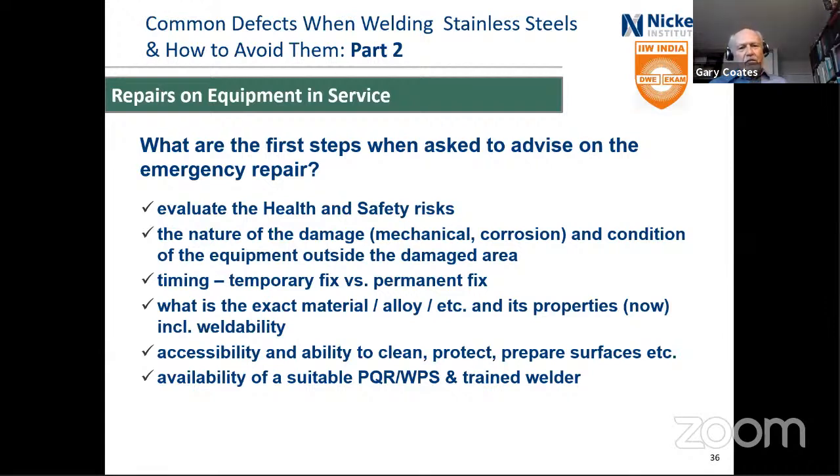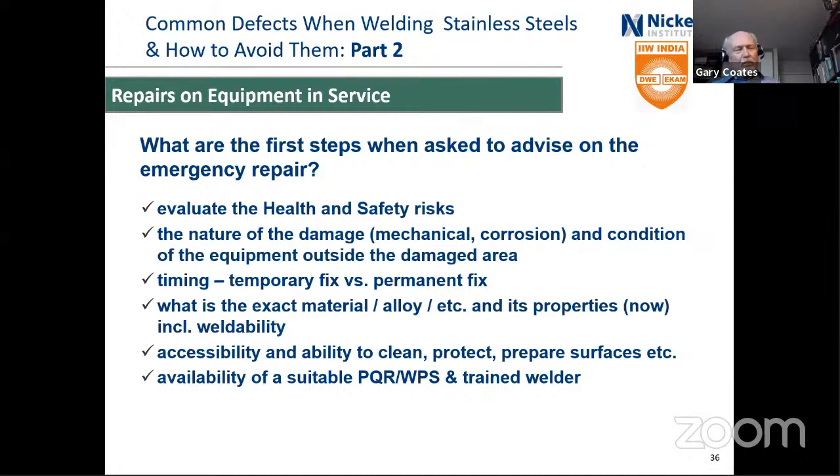One of the issues when dealing with equipment in service is what is the exact material, an alloy, and its properties now, including its weldability. And I say that because maybe it was supposed to be 316L, but maybe it failed earlier and somebody put in some 6 Moly material for a certain part. You really want to know what that material is.